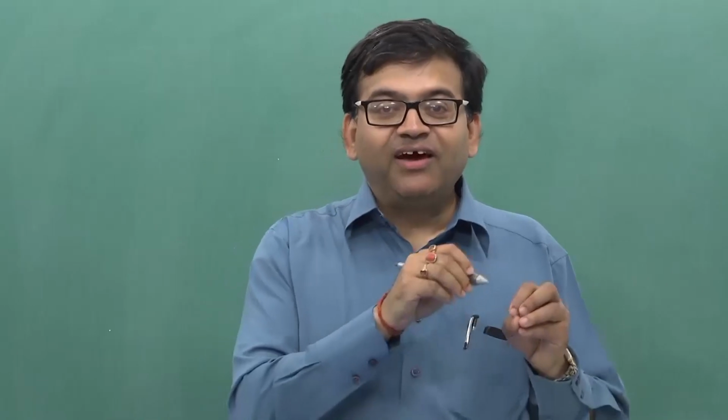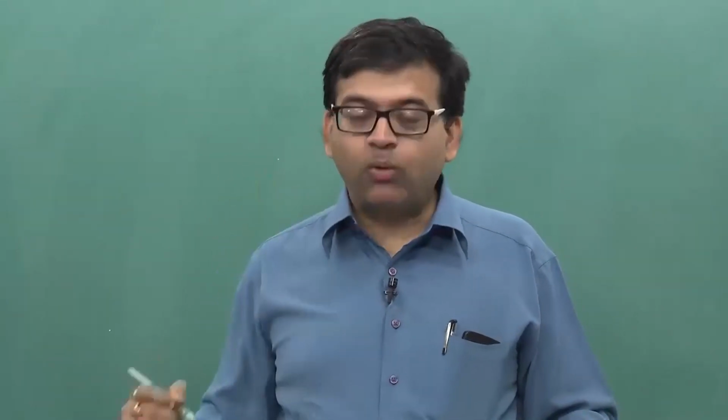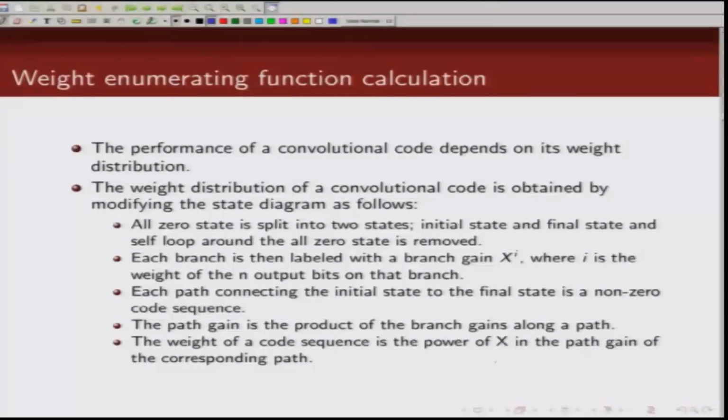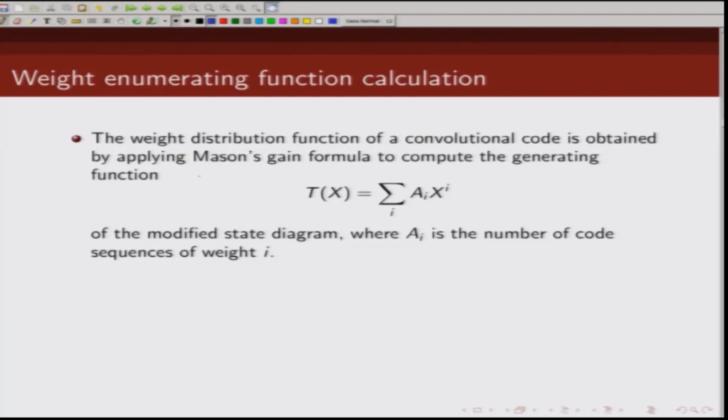So, if we look at each path going from the initial state to the final state and look at the power of x, that gives us the overall weight of that particular non-zero code sequence.